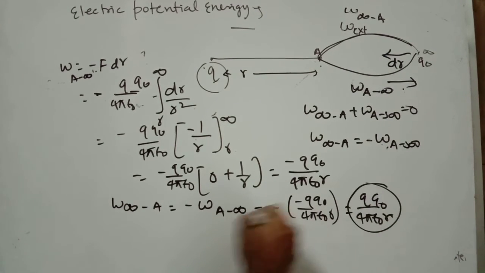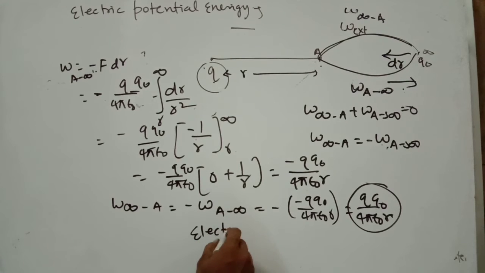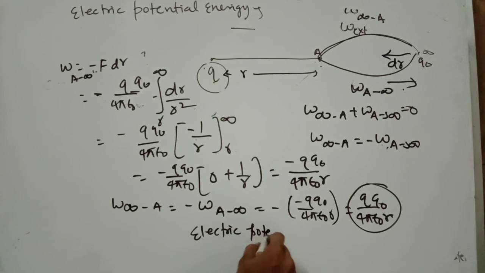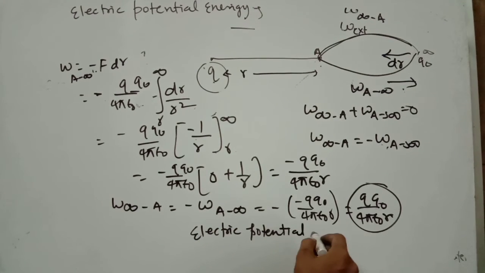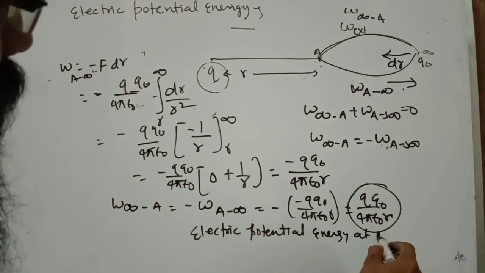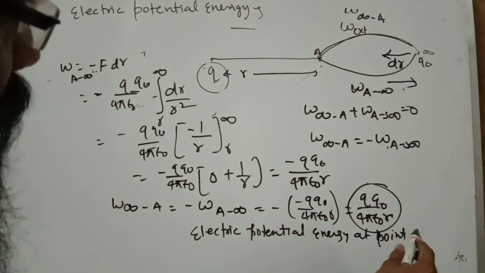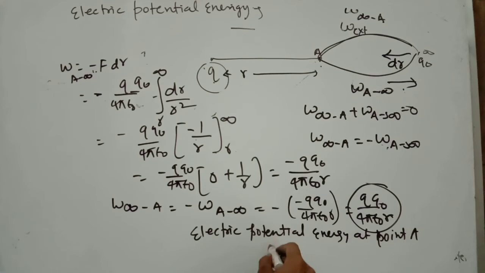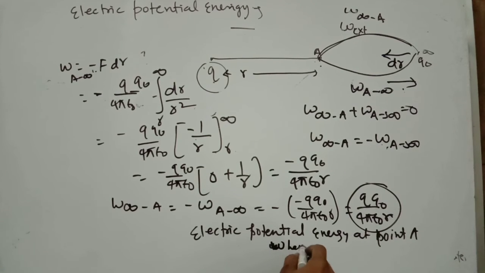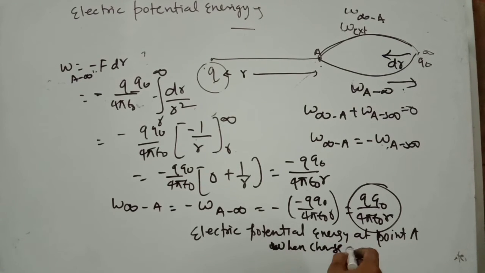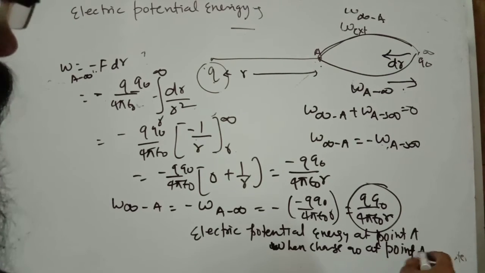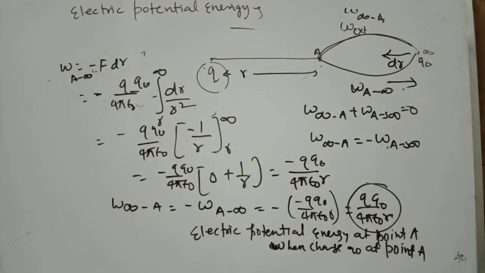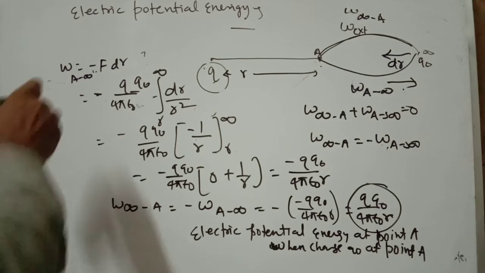It is the electric potential energy at point A, when charge q naught is at point A. Okay, so this is the overall electric potential.